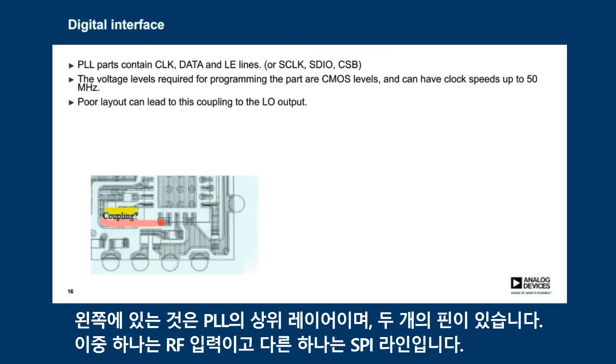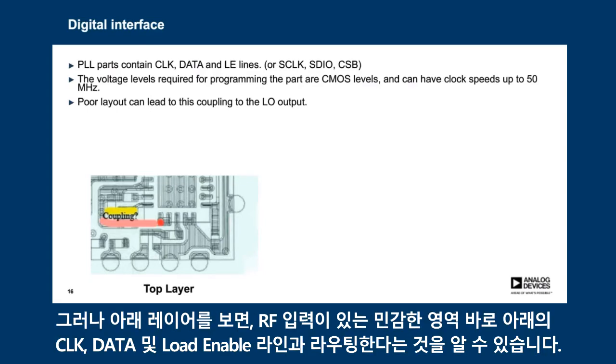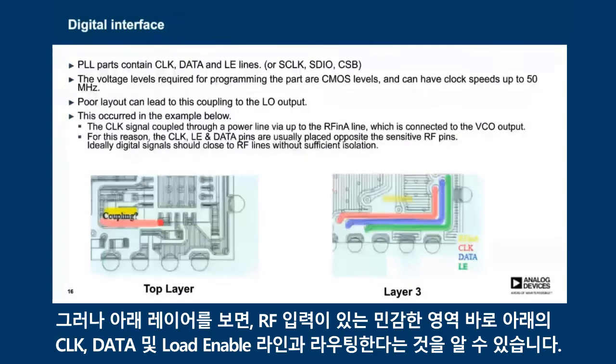What we have on the left-hand side is the top layer of a PLL showing two pins. One of those is the RF input, and the other one is one of the SPI lines. But if we dig into the layers underneath, we'll see that we're routing the clock, data, and load enable lines right underneath that sensitive area where the RF input is.